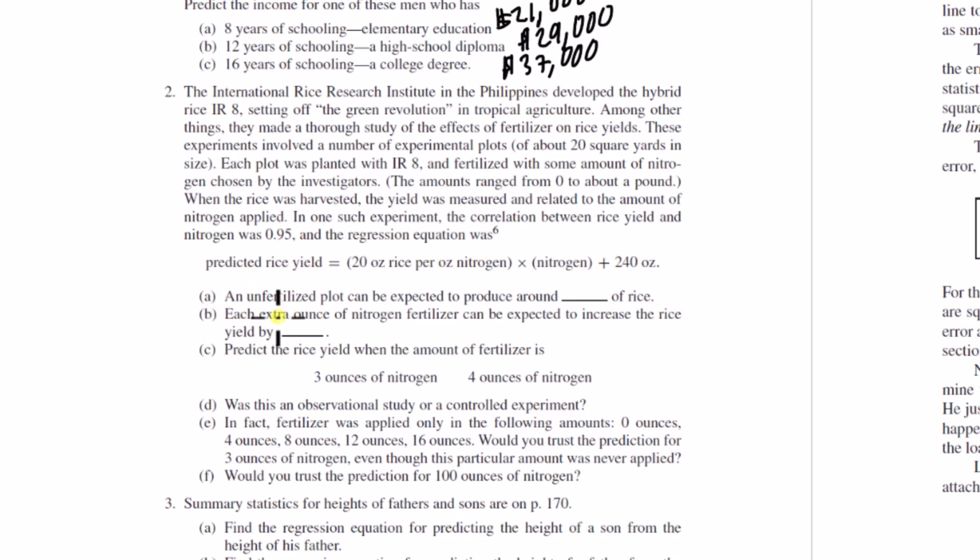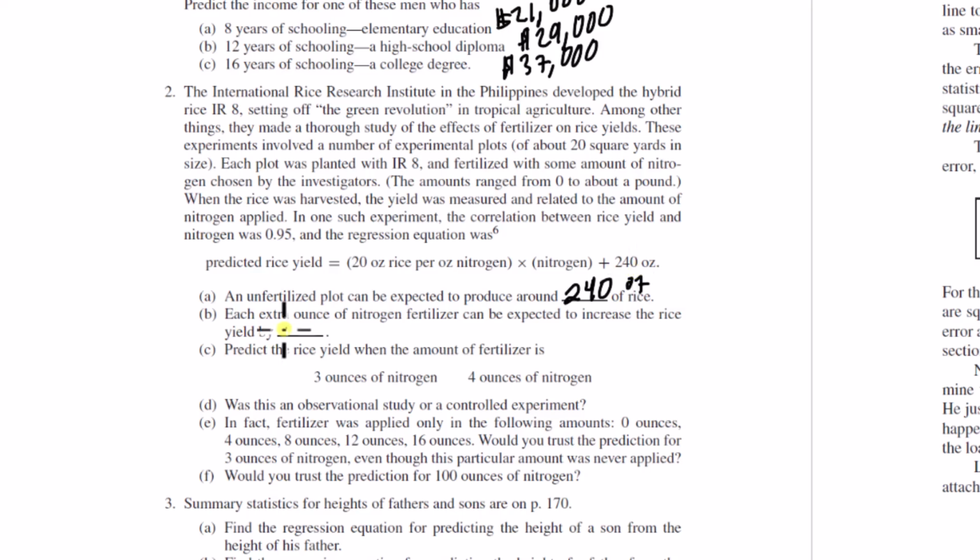So an unfertilized plot can be expected to produce around how much rice? Unfertilized. Okay, that's the y-intercept, right? 240 ounces. That's if there's no nitrogen.